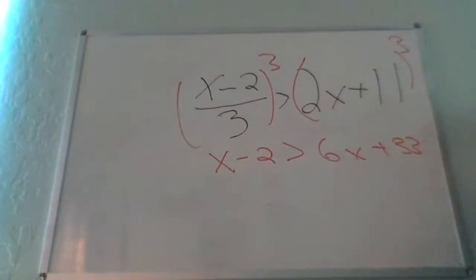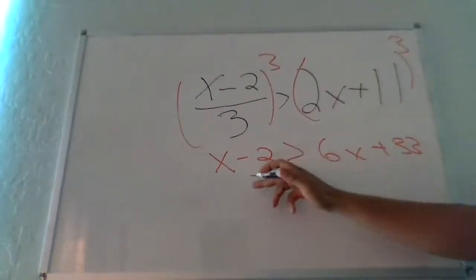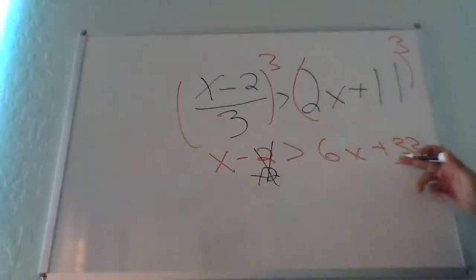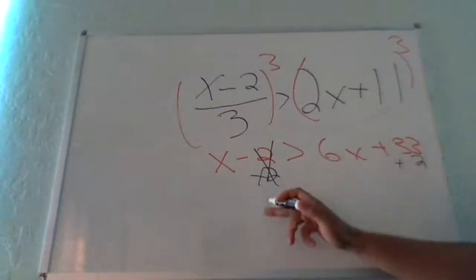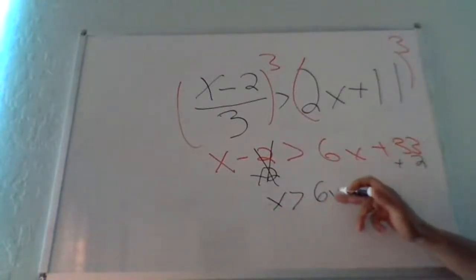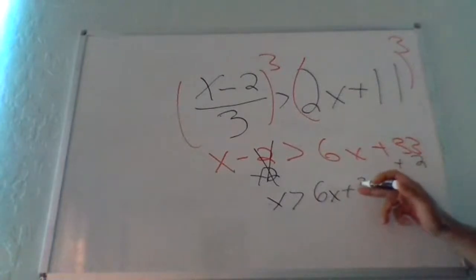Okay, I pass it to the other side as positive. Okay, so that canceled out the 2. Yes. So now we have x is greater than 6x plus 35.